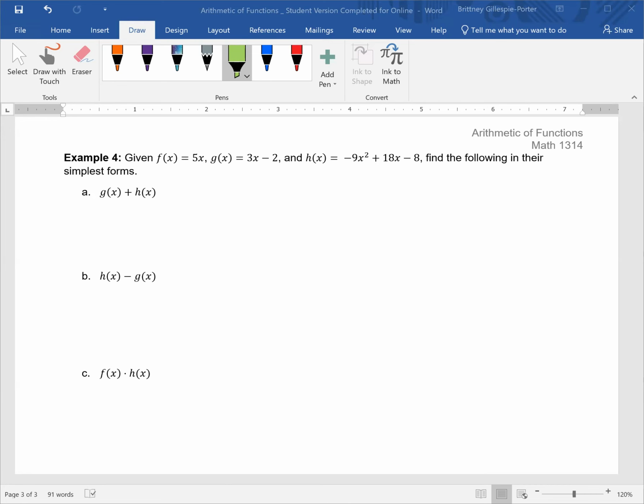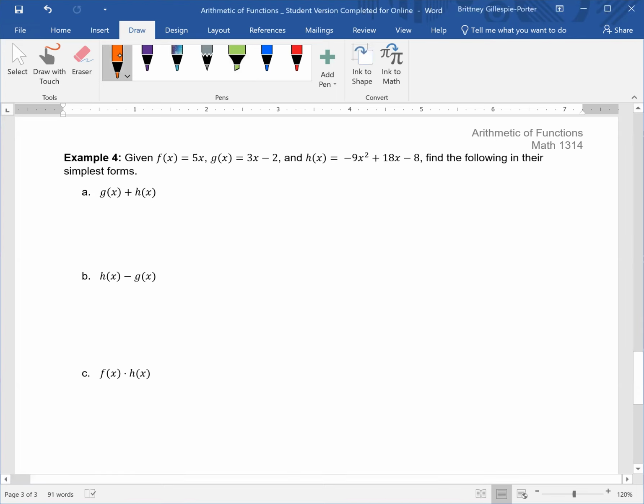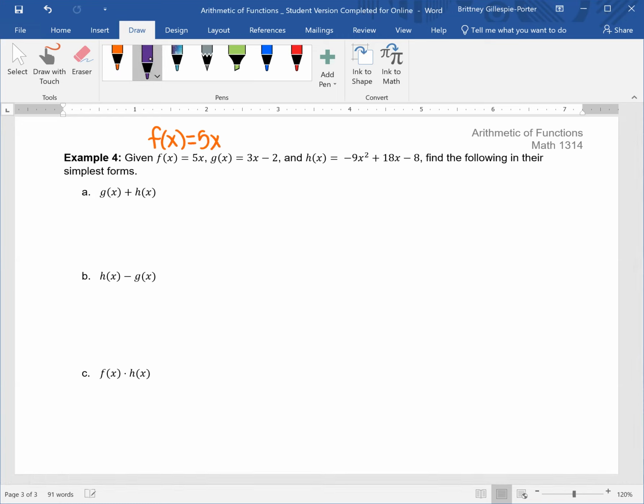In our next example, we're given three functions to work with at one time. So I'm going to let f of x be orange. We have g of x be purple. And then I will let h of x be blue.